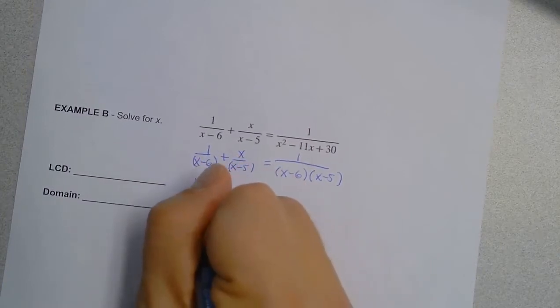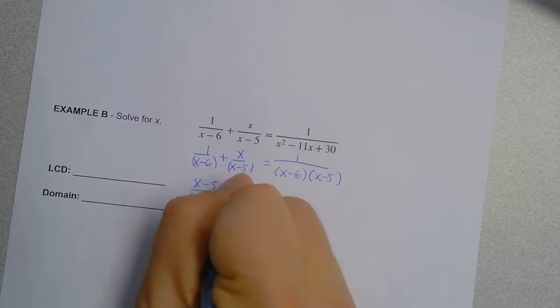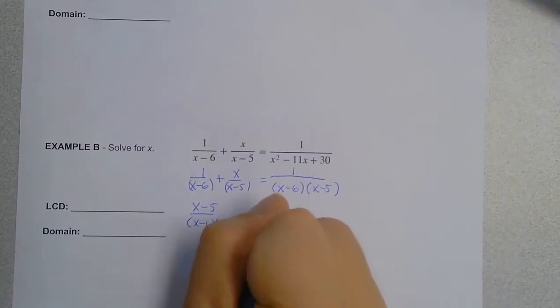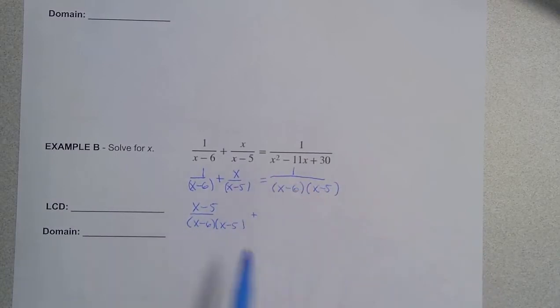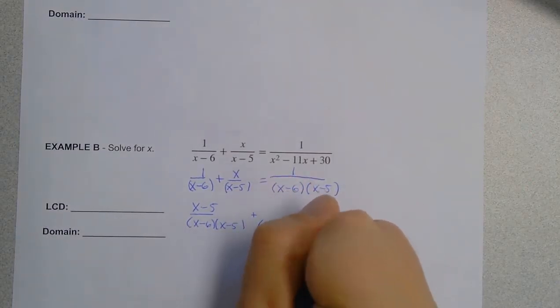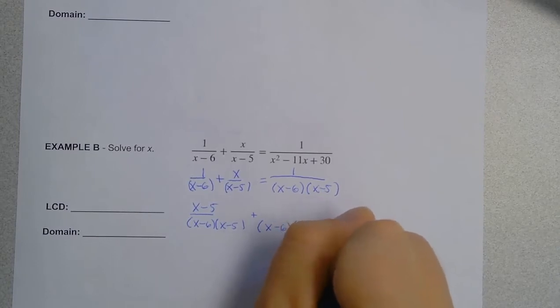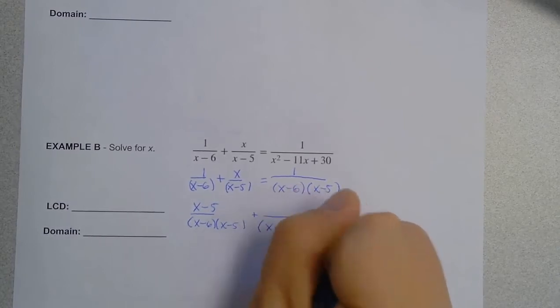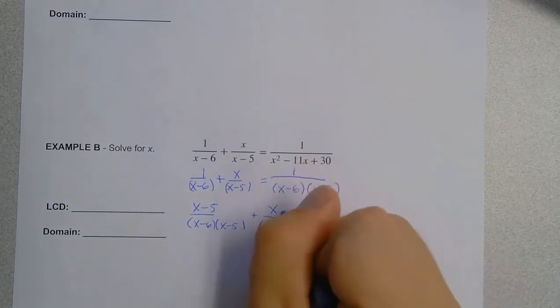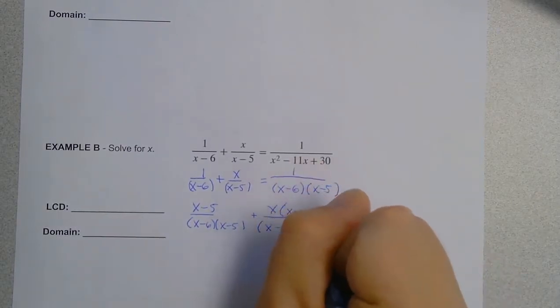And then that's going to, in the denominator, have x minus 6 times x minus 5. And in the numerator of the second one, we have an x minus 5, but I'm going to multiply by x minus 6. And then I'm going to take the x and also multiply that by the x minus 6.